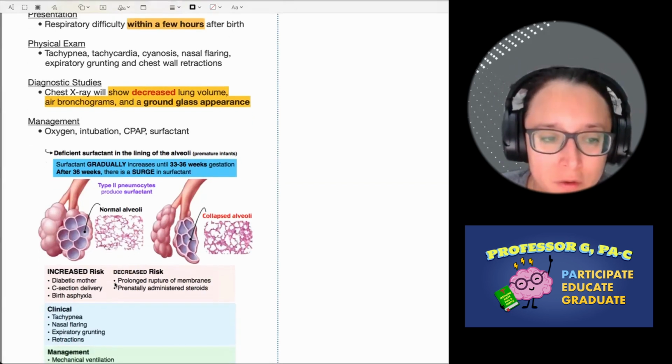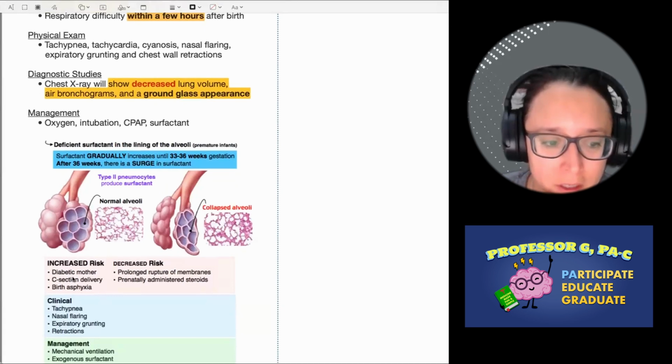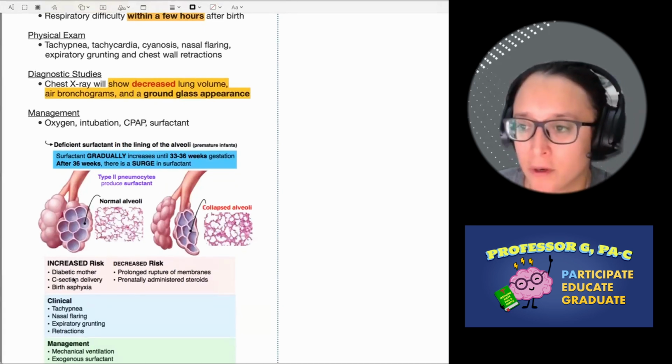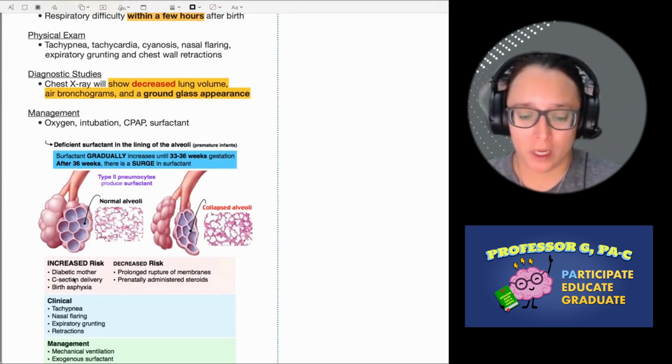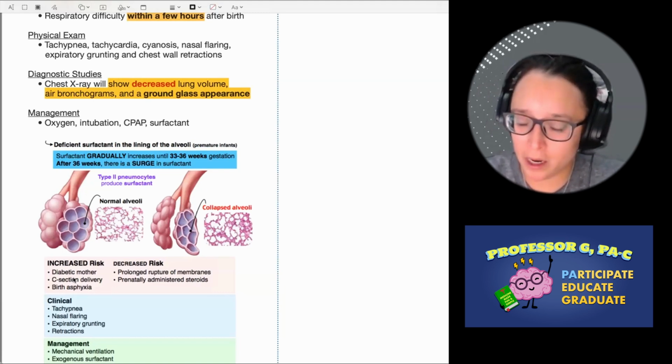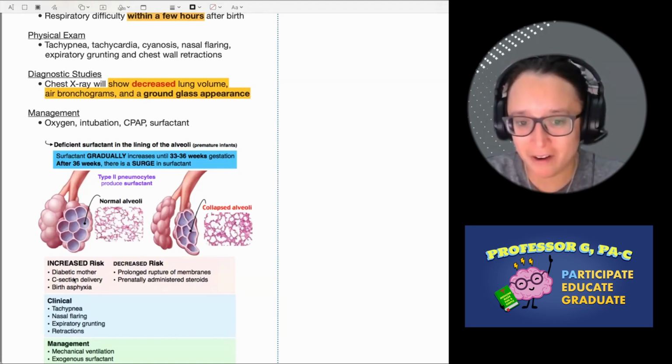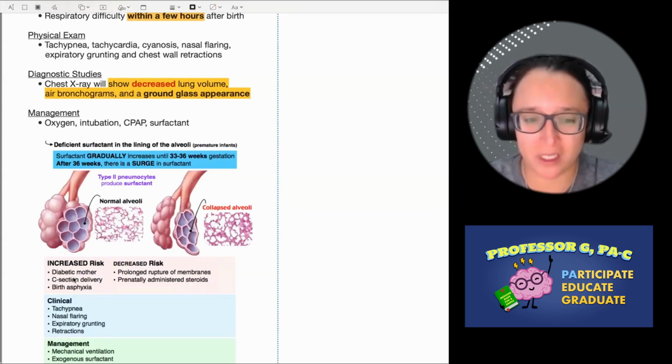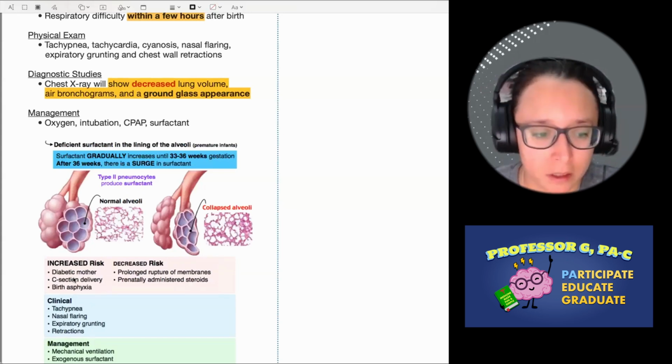Those at increased risk of having a baby with IRDS are diabetic mothers and C-section delivery, because with a C-section the baby doesn't get pushed out of the vaginal canal as forcefully. You don't get that squeezing that gets the excess liquid out of the lungs.